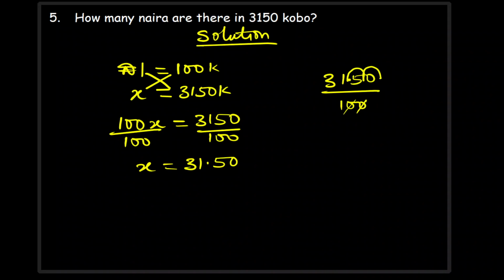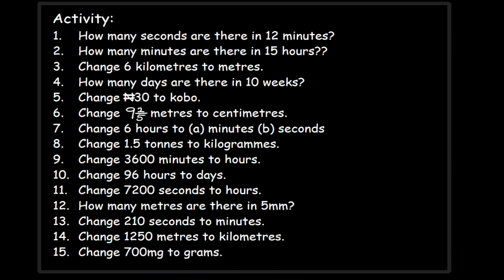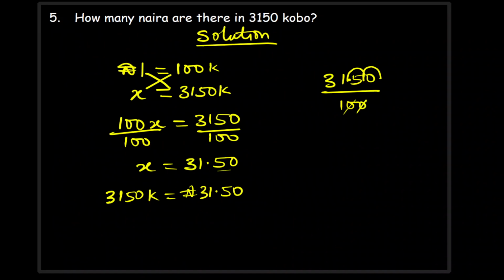Since it is money, we need to have two digits here. So 3,150 kobo is equal to 31 naira 50 kobo.